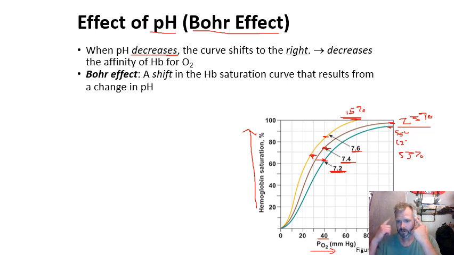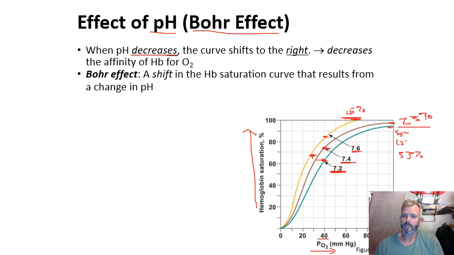The way I want you to think about this, and many of the factors we're going to see, is to think about what's going to happen if you exercise. If you exercise, do you want to supply more oxygen to your tissue? I would say the answer is yes. You want hemoglobin to be more willing to unload oxygen so it can deliver the oxygen to the tissue.